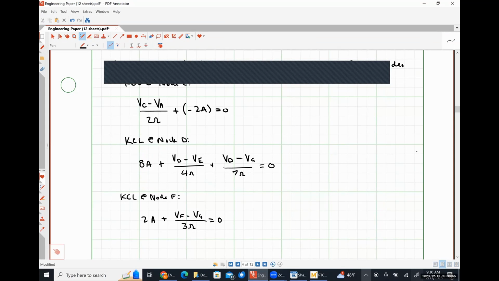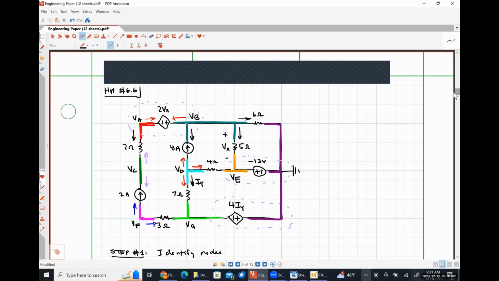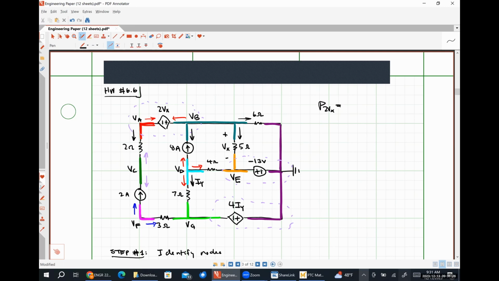Let's do something relatively easy. If I wanted to find, here we go, the power absorbed by my 2Vx voltage source. So the power absorbed by my 2Vx voltage source.